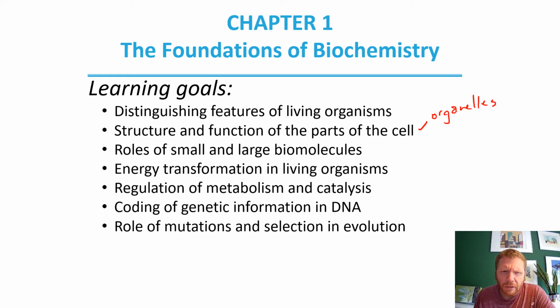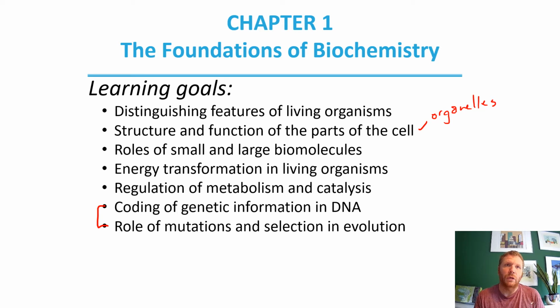Now, these last two items are not going to be a big part of this course, but they might resurface, and if they do, I will bring them up again in a particular context. Regulation of metabolism and catalysis, I'm going to talk about in a very general sense. To get a much more thorough discussion, you probably want to take a metabolism specific course.